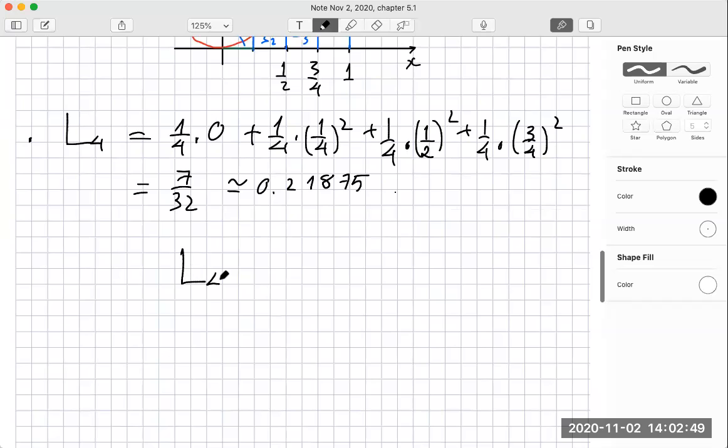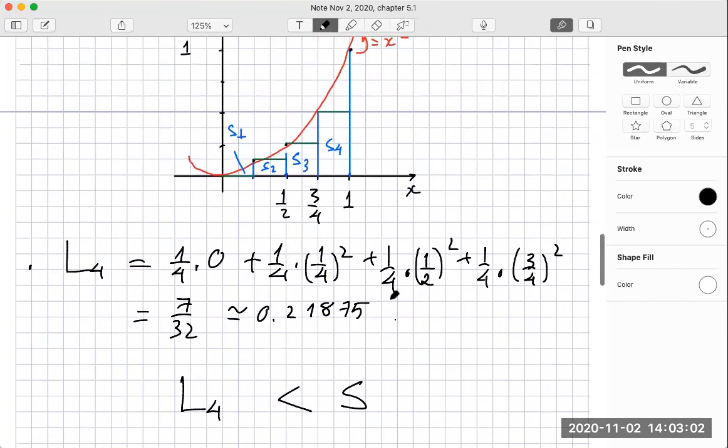And we see that L4 is smaller than the true area. And if we create a finer mesh, if the rectangles have a smaller width, then it is easy to see that the lower approximation and upper approximation will come closer to the real area of S. You see it?